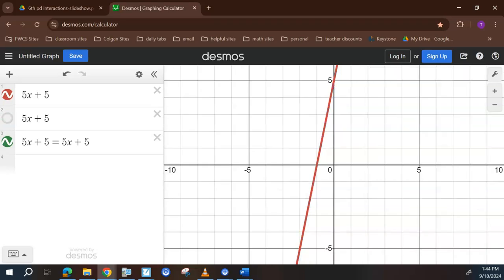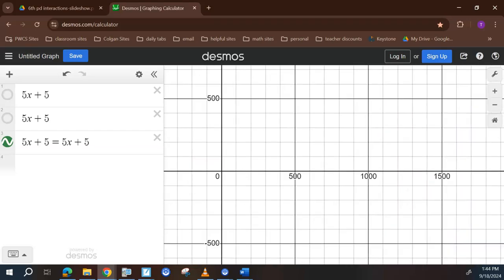If I just put in this equation, 5x plus 5 equals 5x plus 5, you won't see anything. Nothing will appear. So you'd have to put in both sides separately. But because they're exactly the same, they're going to line up over top of each other. That would tell you that's IMS.